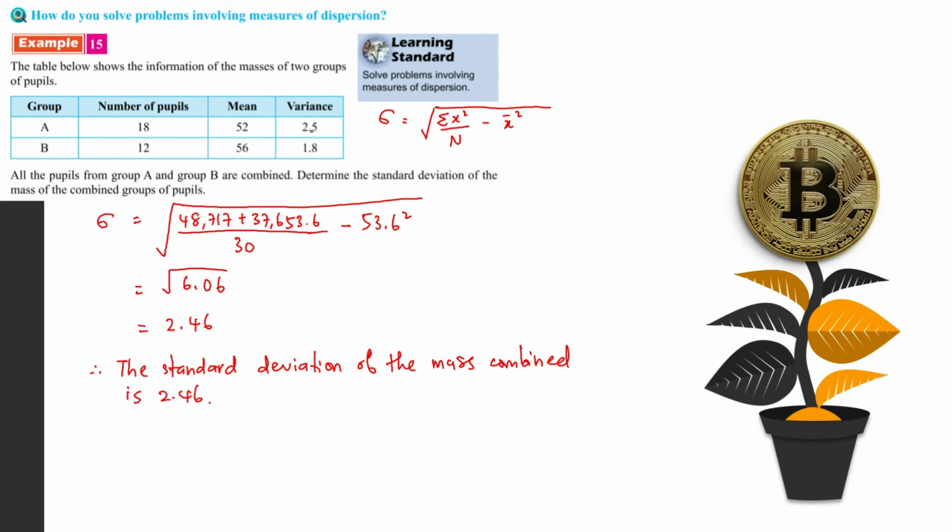So it means here, if you look at their variance, what is the standard deviation here? 1.58. This one is 1.34. So it means the new standard deviation is larger for the mass combined compared to each group alone.